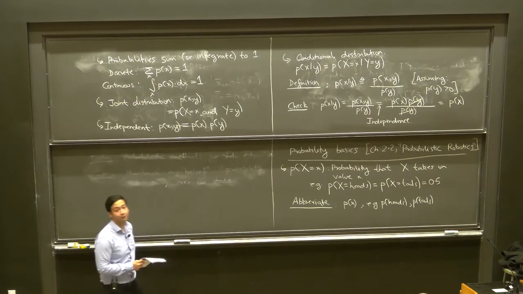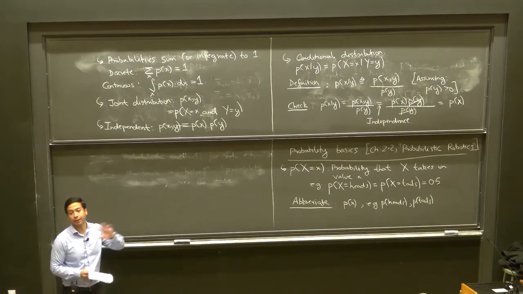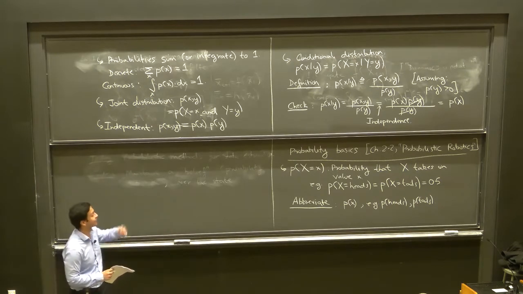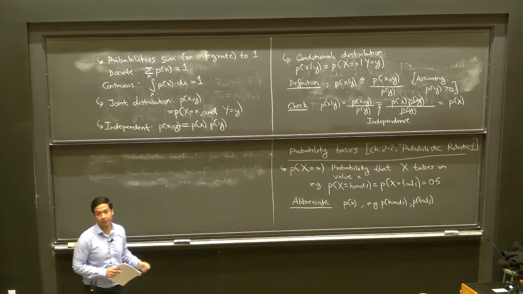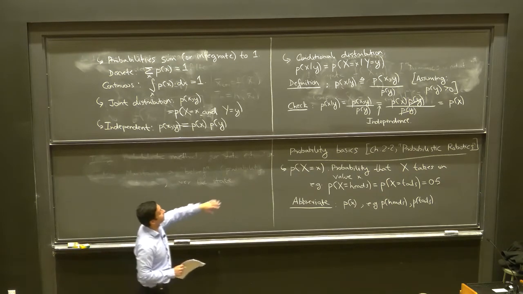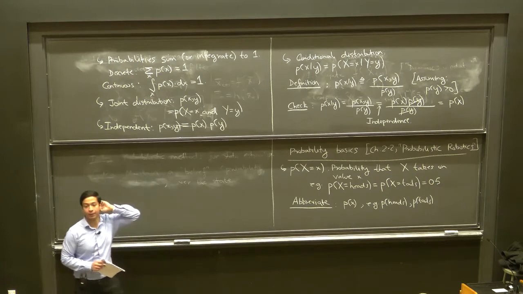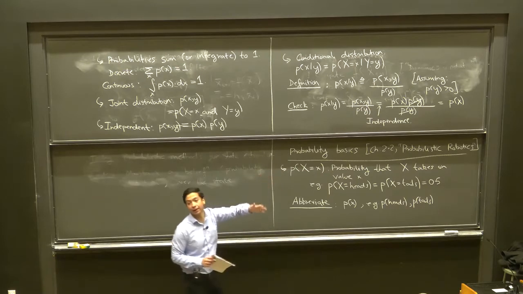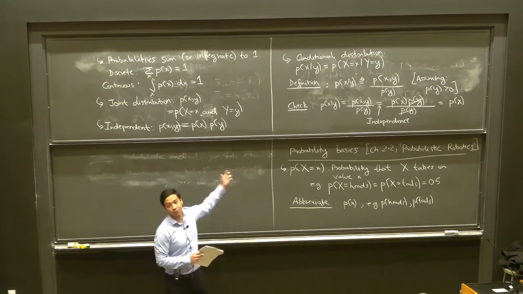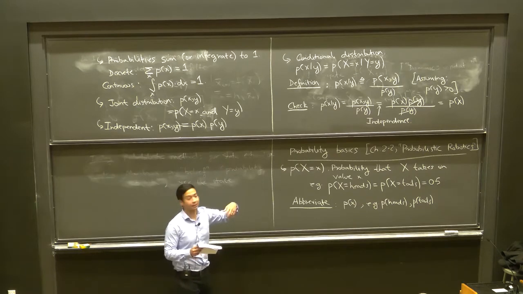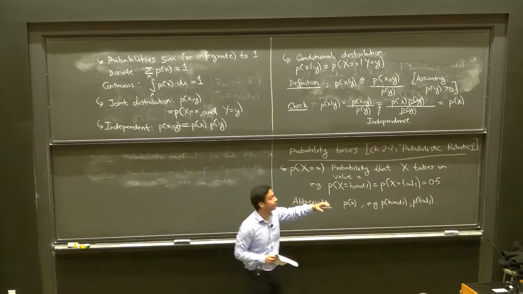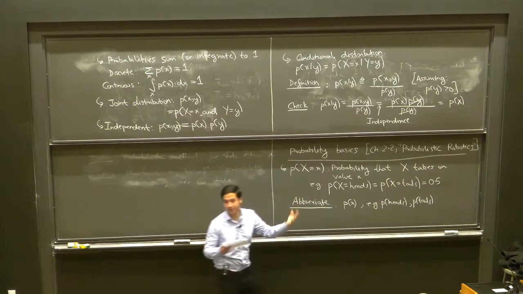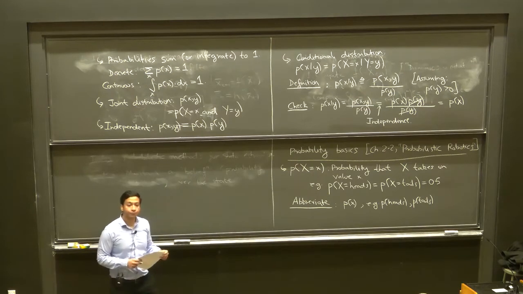So if you have two coins that you're flipping, it's hard to avoid the word independently, but in the colloquial sense, you just flip two coins one after the other, then that's an example of independence. And so the probability that your second coin comes up heads, given that the first one came up tails, the fact that the first one came up tails doesn't matter. And so the probability that the second one comes up heads is just the probability that the second one comes up heads, which is 0.5 for an unbiased coin. All right, good. Other questions?